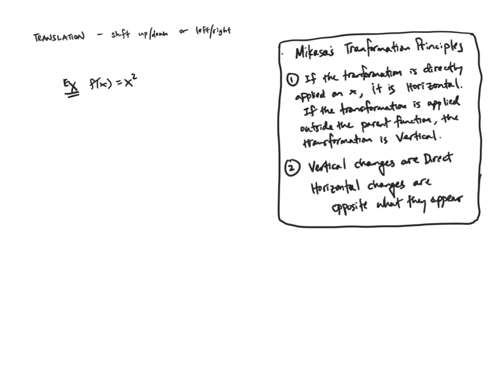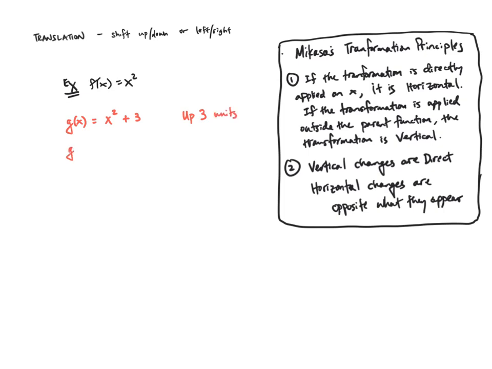If we have some other function g of x equal to x squared plus 3, what is that going to do to the graph? The plus 3 occurs outside of the original function, so I know it's going to be vertical. And vertical changes are always exactly what it says they are. So this is going to shift the graph up 3 units.